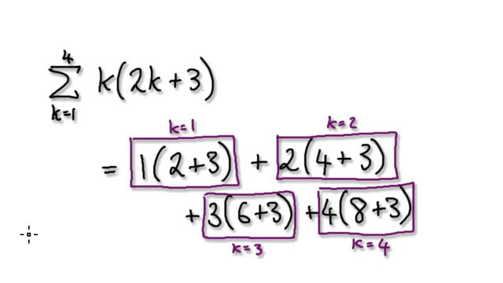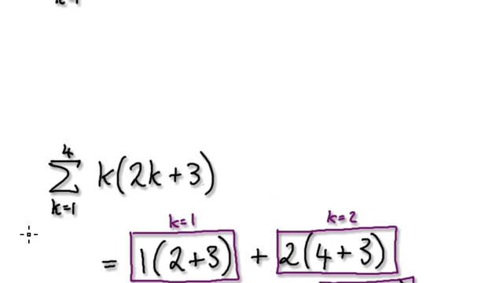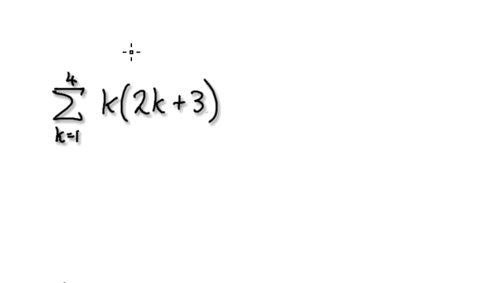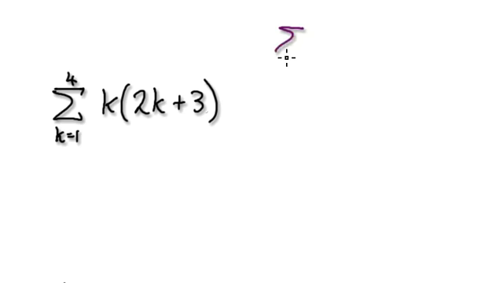Okay, so to do this here, you can indeed multiply it out. Hang on, bear with me. So to evaluate this here, you can multiply this out. So this will then become, hang on, the sum from k equals 1 to 4. So this will then become 2k squared plus 3k.